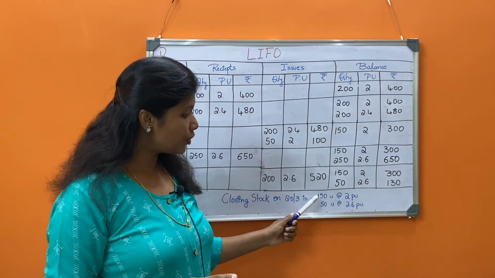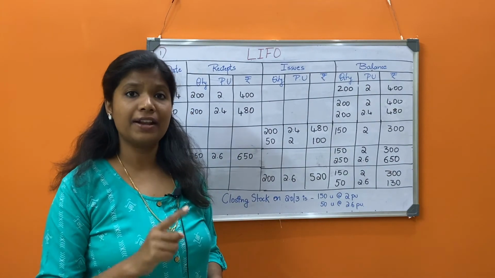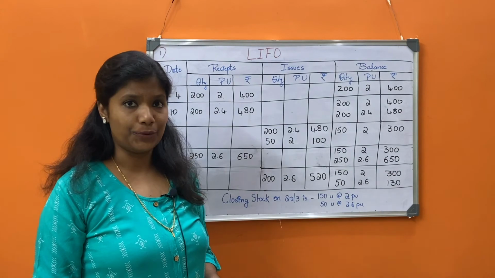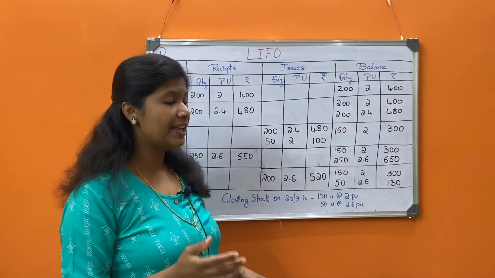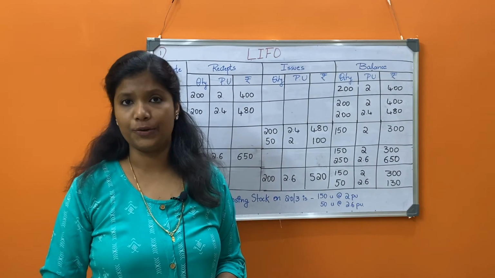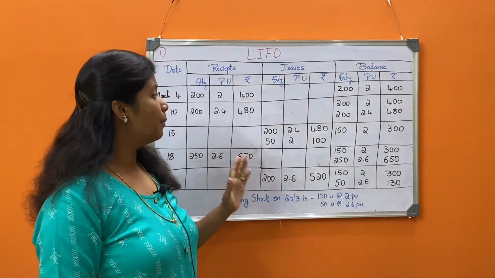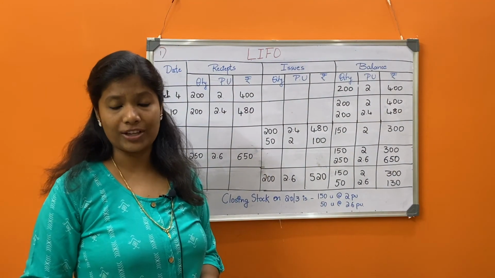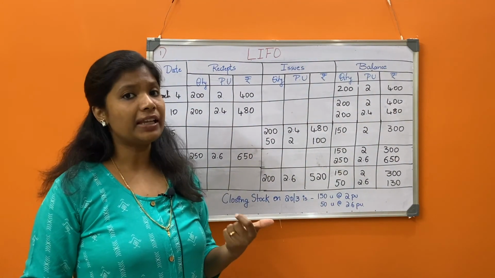One stock is a quantity of 150 units at the rate 2 rupees per unit, and the second stock is 50 units at the rate 2.6 per unit.